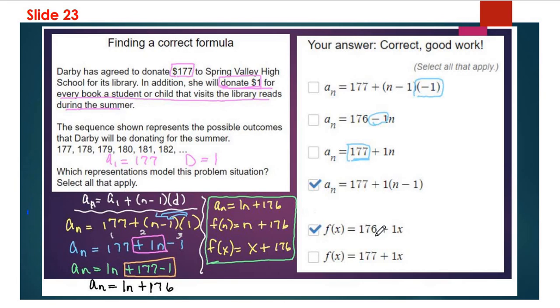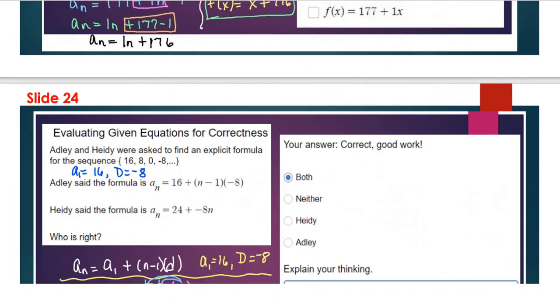Now, when they have worked it all the way out, you see that this is 176 plus 1x instead of x plus 176. It's perfectly fine because of the commutative property of addition. 1 plus 3 equals 3 plus 1, whichever way you say it. Now, when I look at this right here, when we simplified, it's 176, not 177. So this one is automatically out.